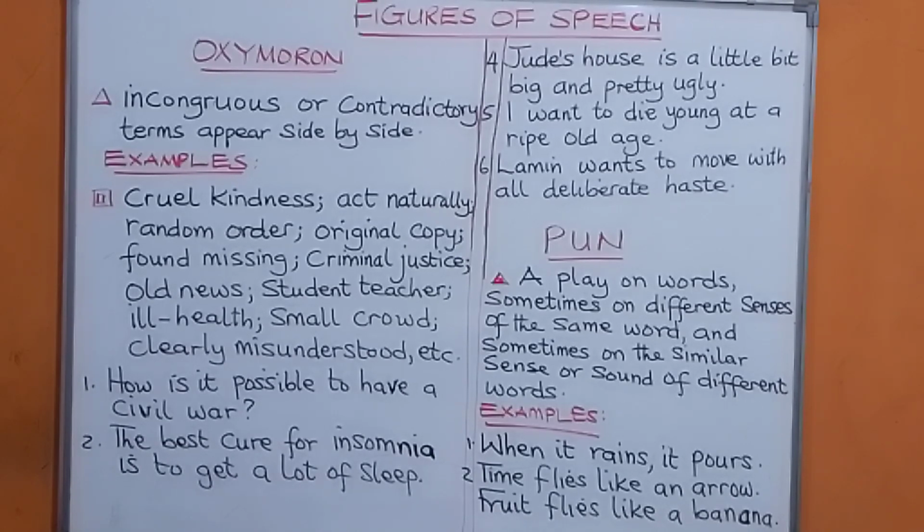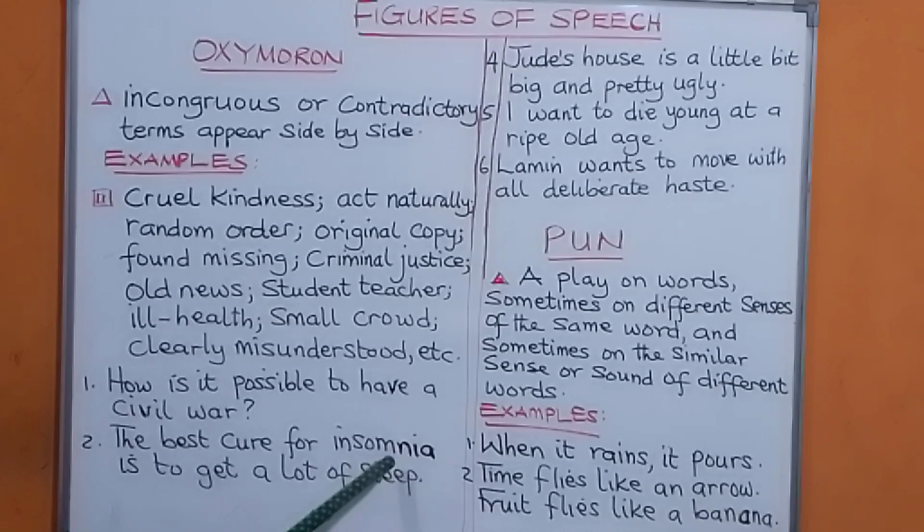Oxymoron. Let's look at possible sentences that we can use. Number one, how is it possible to have a civil war? You are saying civil and you are saying war. So that is oxymoron. Number two, the best cure for insomnia is to get a lot of sleep.